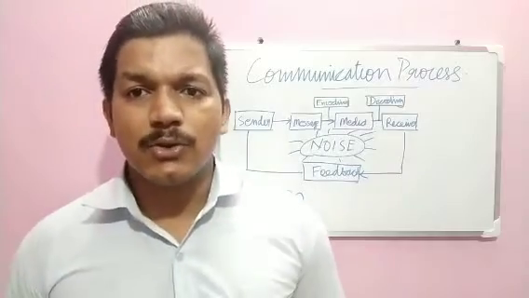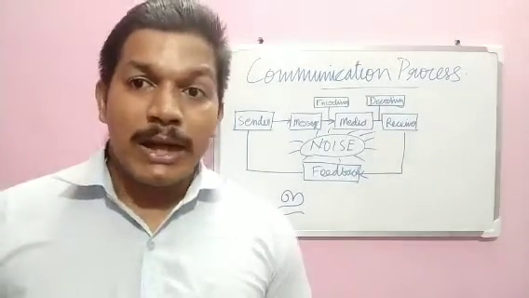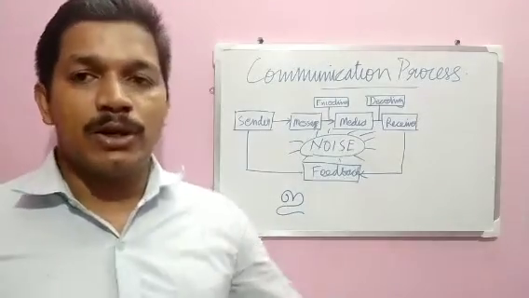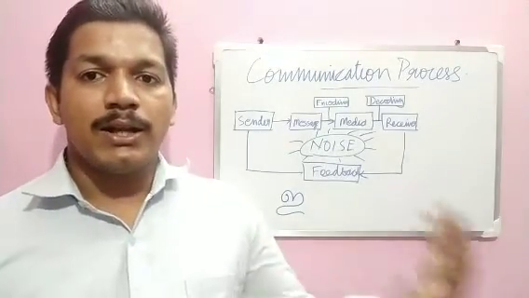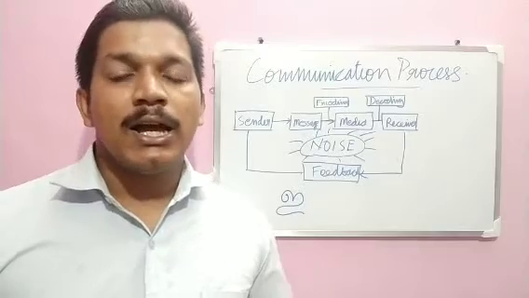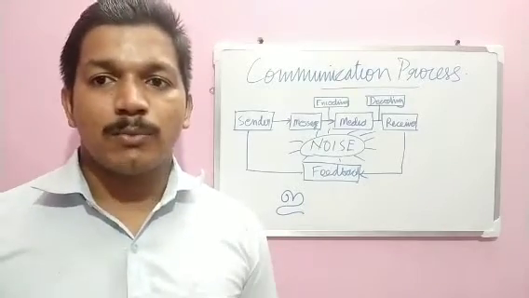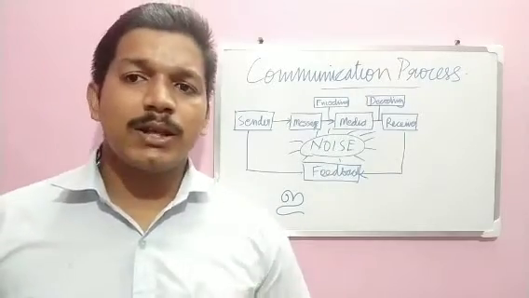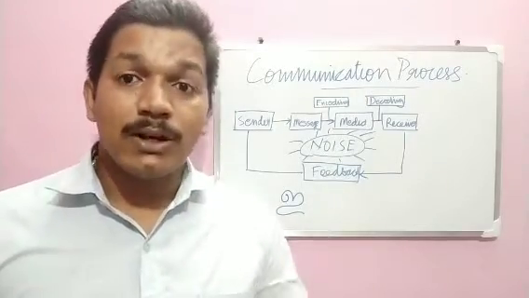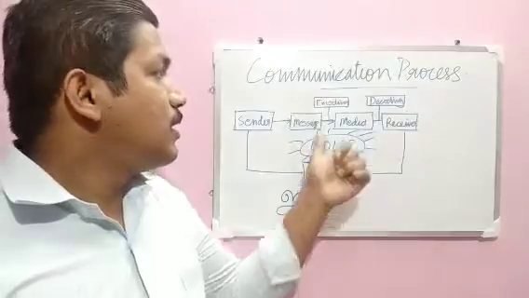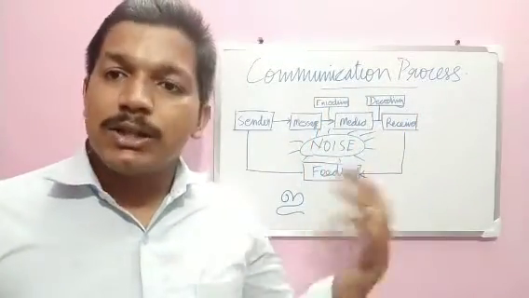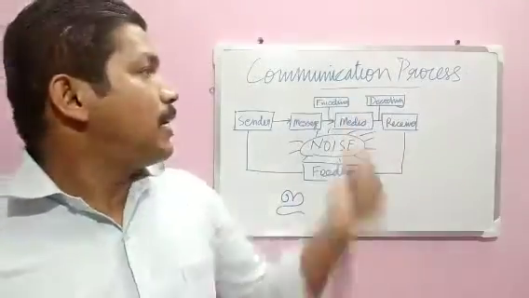Such kinds of questions are also coming, or some type of case study will be given, and they will tell that if I have transferred this idea and written it in wrong letters, and you are unable to receive it, where is the problem? The problem, we can say, is in the encoding. Or if I have written something wrong, like instead of writing encoding or communication, that is a mistake in encoding.